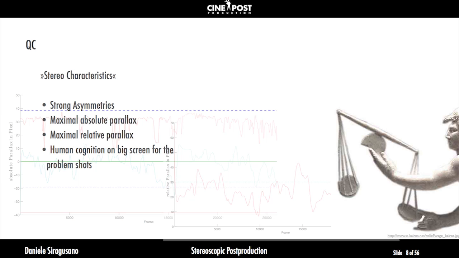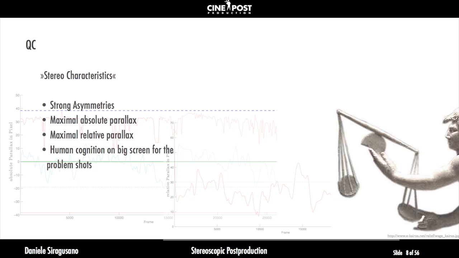So the possibilities where problems can occur are multiplied. But besides that, we also examine the stereoscopic characteristics. We report to the stereographer on set for strong asymmetries. We will see later what these asymmetries are.